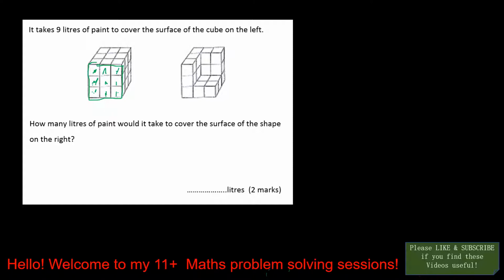So there are 9 small squares inside one big square. And in this cube, you have 1, 2, 3, 4, 5, 6 faces. So each face has 9 squares. Okay, so how many squares are there?